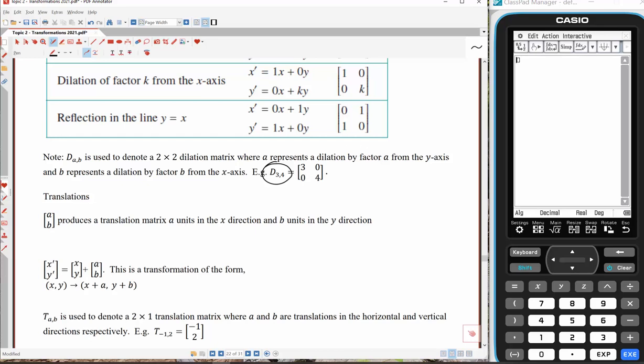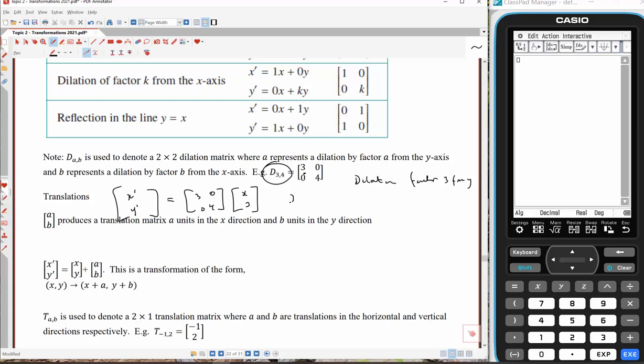And what this represents: this 3 here represents a dilation factor 3 from y, and this one here is 4 from x. How do I know? 3, 0, 0, 4, and what we're going to do is multiply an ordered pair or a set of points to produce x dash and y dash, the image.